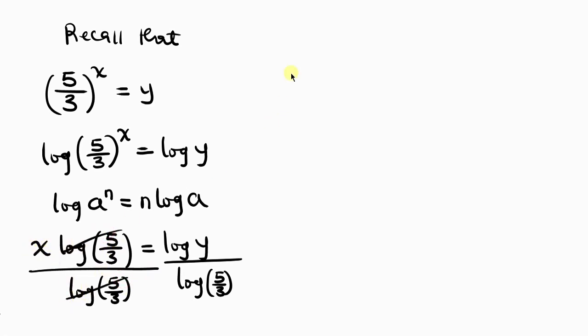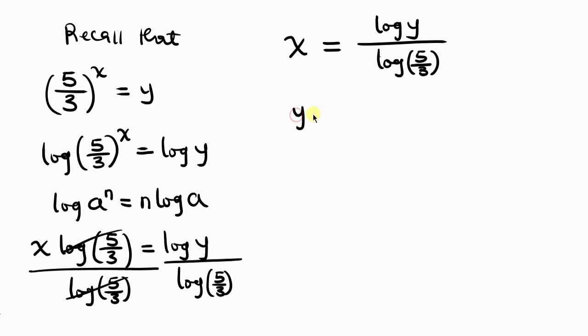So what I have here is now remaining x equal to, now on the right-hand side, I have log y all over log 5 over 3.